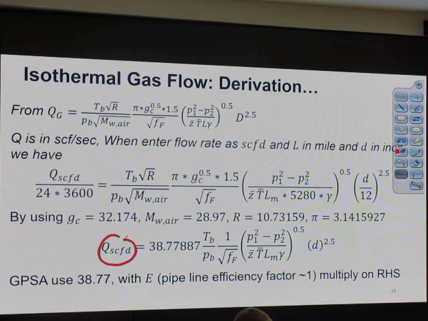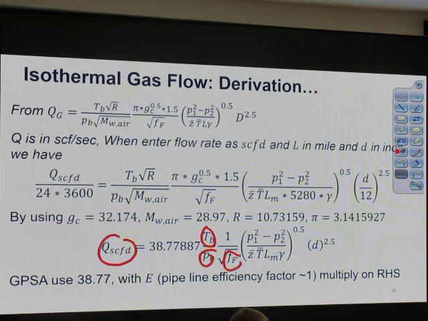Base temperature, how much is the base temperature? 60 plus 460 or something. That's the standard temperature. Base pressure 14.65. Okay, that's the base. So we know this.